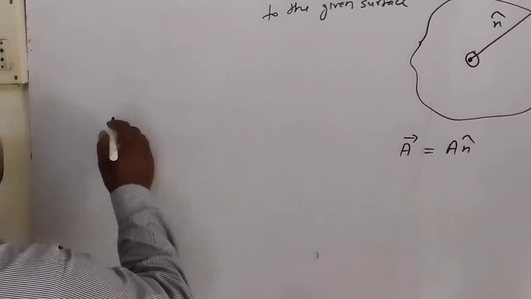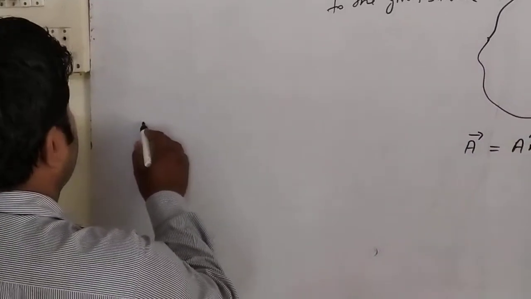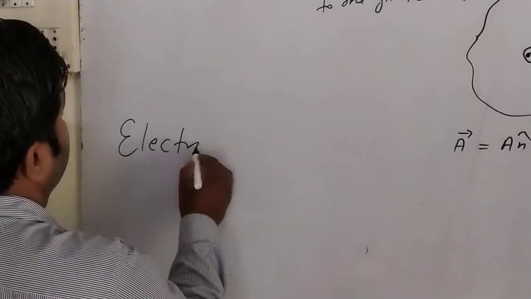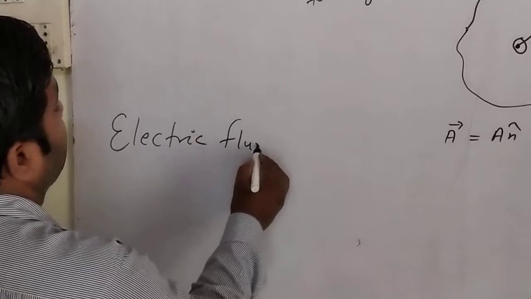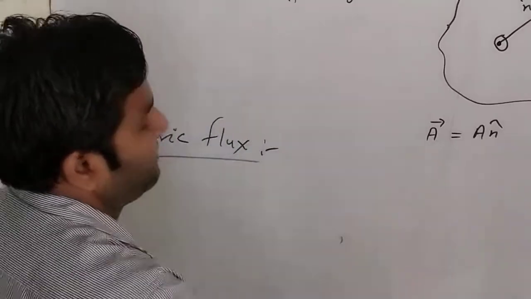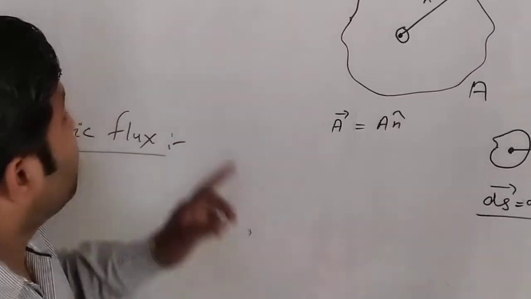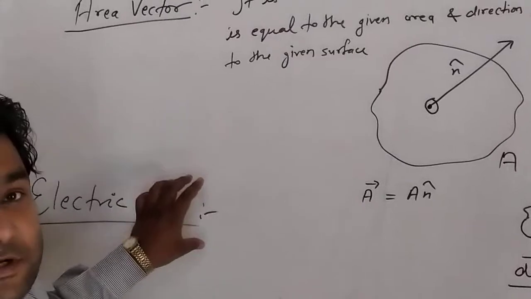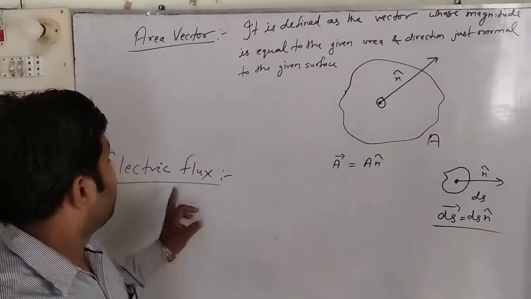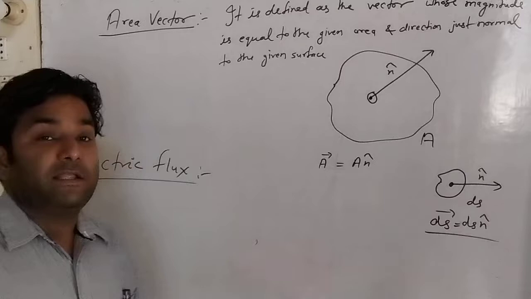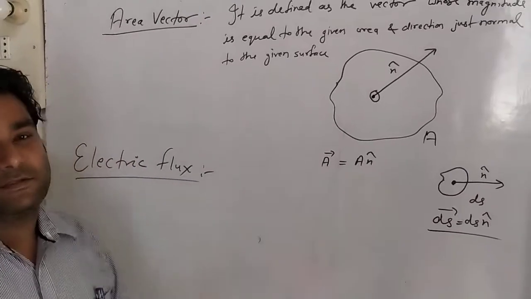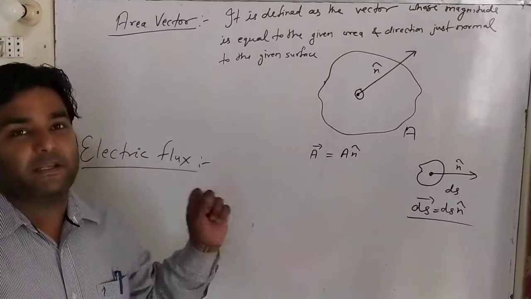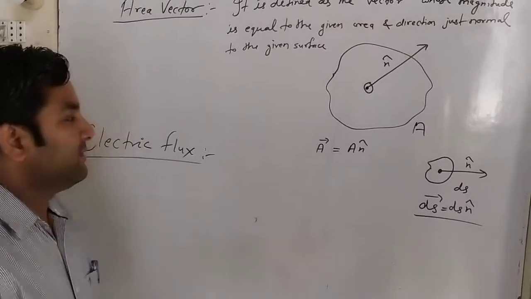With the help of this area vector, we will explain electric flux. It is a very simple concept. Once the area vector is clear, you can define and also derive the formula for electric flux. Electric flux is just the number of electric field lines passing through a given area.